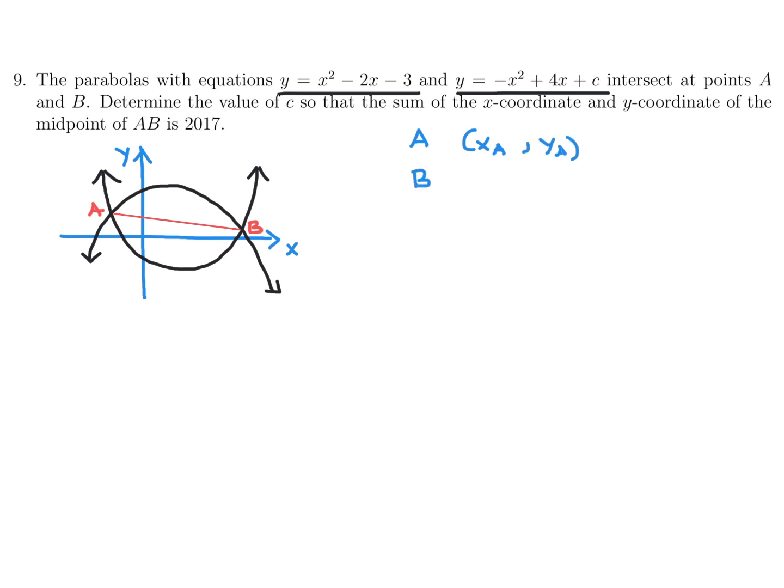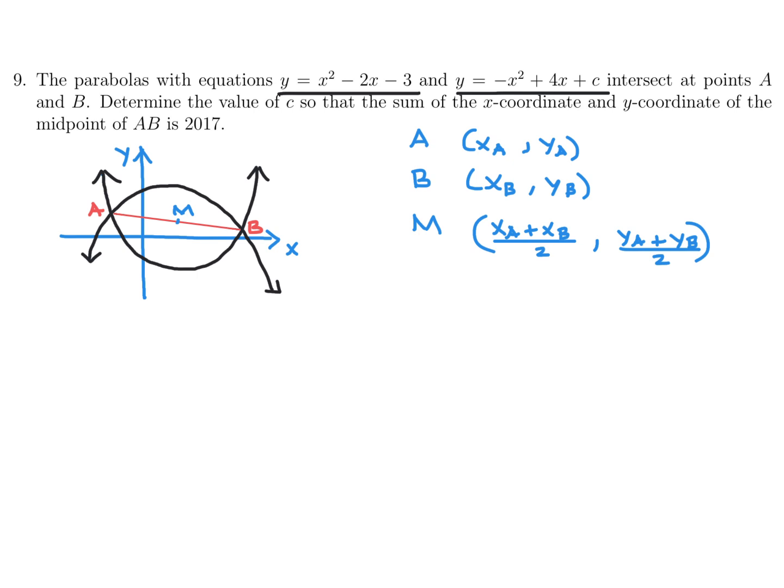And for B, I'll call them XB and YB. And then the midpoint would be somewhere here. Just call it M for midpoint. If you use the midpoint formula, that would have XA plus XB divided by 2, and YA plus YB divided by 2. And that's it for the setup.